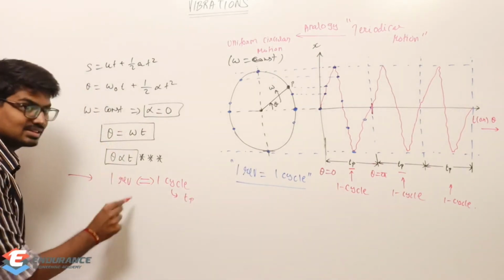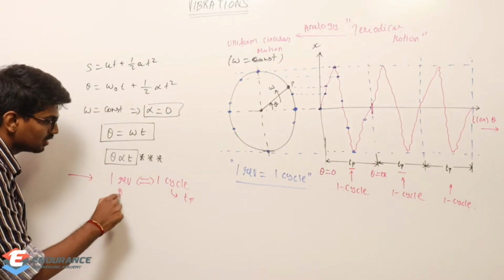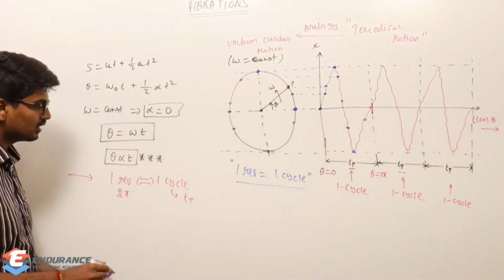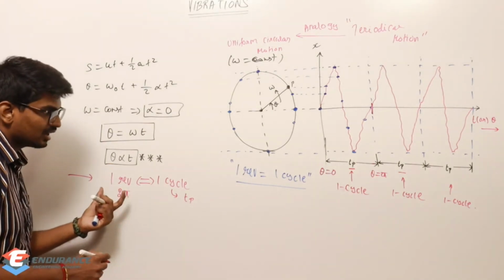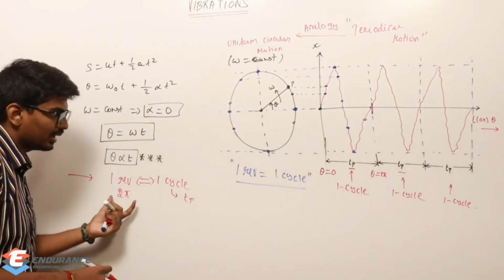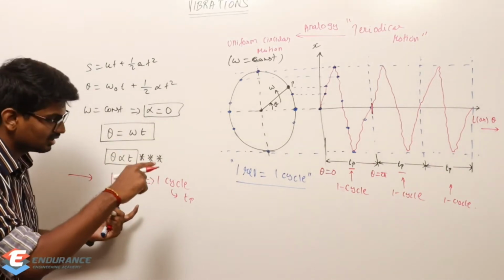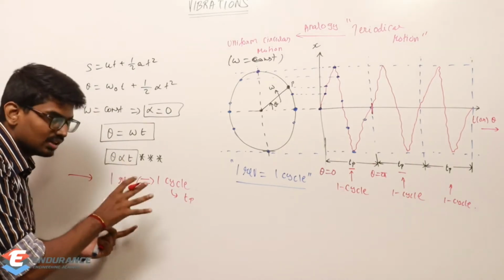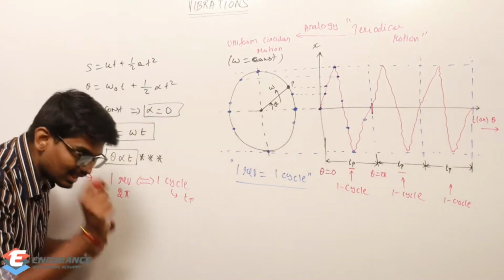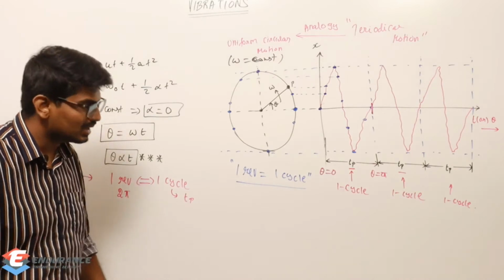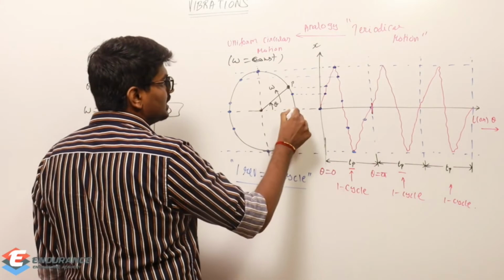And how much angle is it covering? 2 pi. So for covering an angular displacement of 2 pi in a circular motion, let me repeat it again.